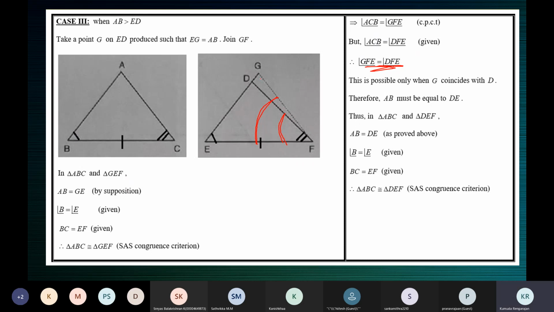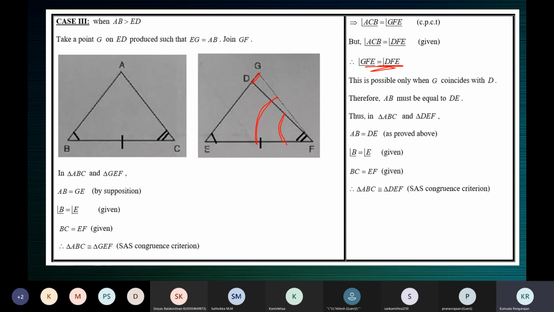That means the point G coincides with D. G is not a different point. If G coincides with D, that means the line segments DE and GE are not different.